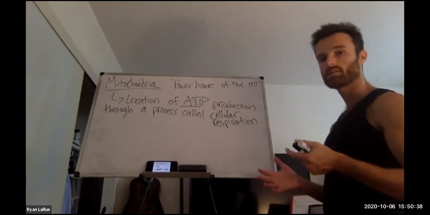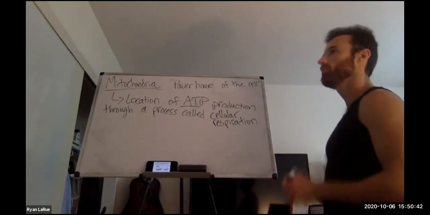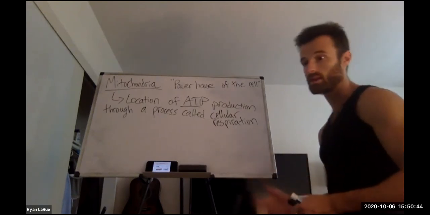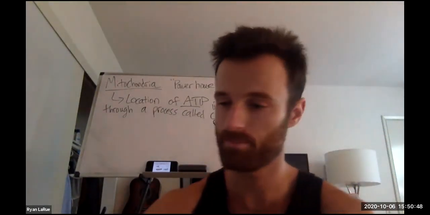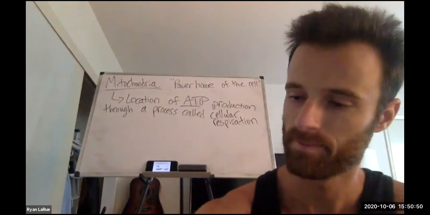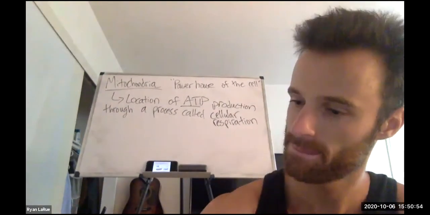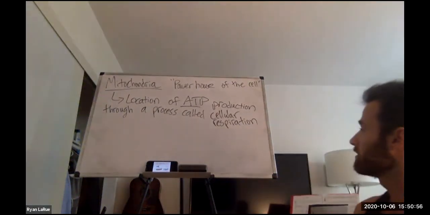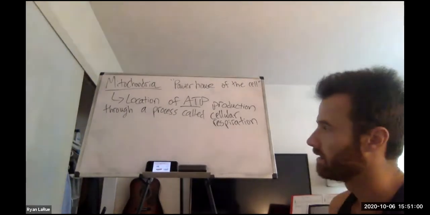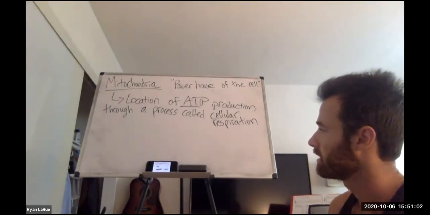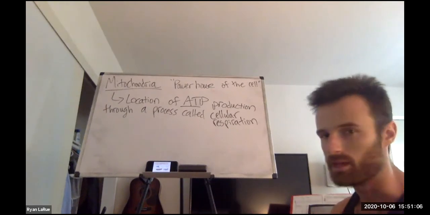There are certain things in our cells, certain mechanisms, certain processes that require ATP molecules because they require an energy input. So the mitochondria are the key main organelle for massive production of ATP.